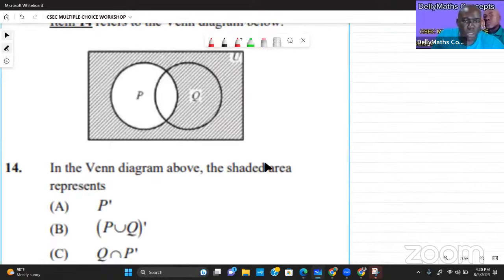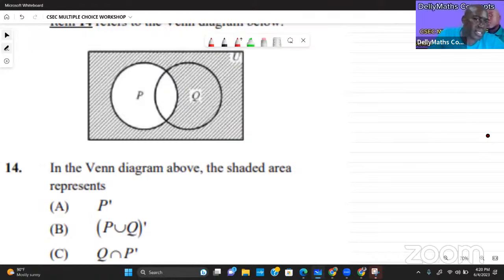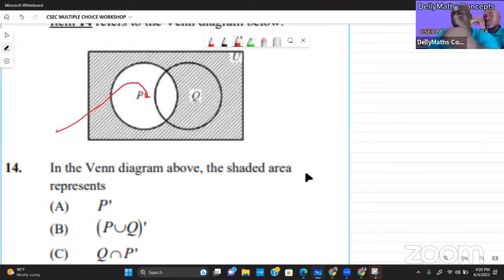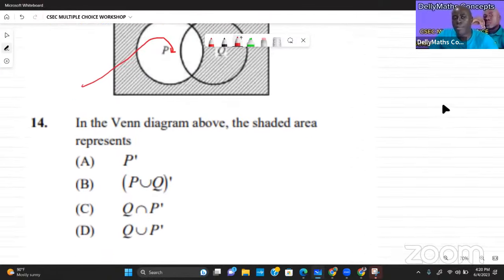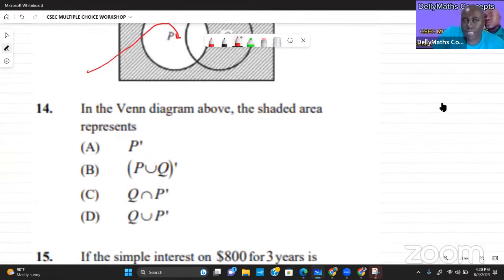Question 14, this question likes to come. They want us to know the shaded region is called what? If you notice with the shaded region, the only thing that is not shaded at all, not touched, is set P. And if set P is not touched at all, it simply means the other area is called the complement of P. The complement is represented with a little apostrophe up here.